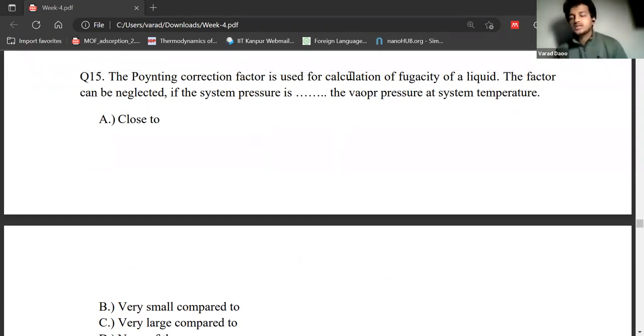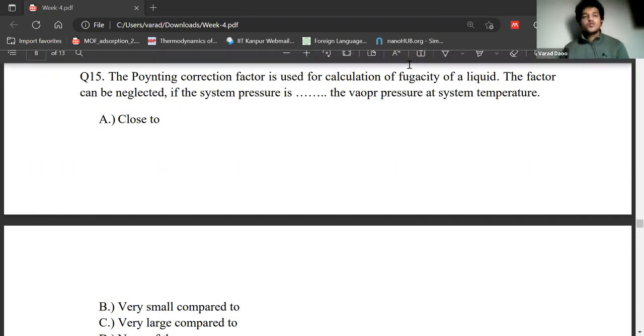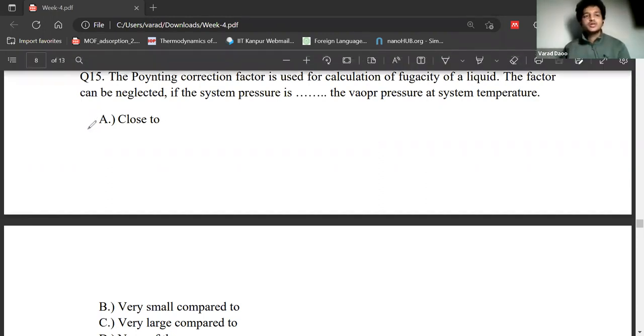I hope you were able to answer. What is the correct answer? The correct answer is very close, right?